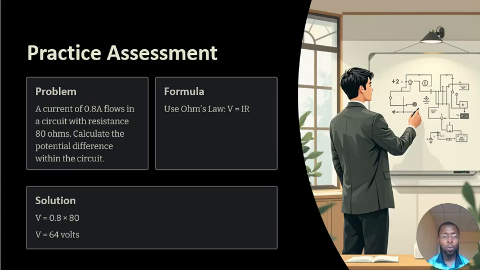Okay, so using our Ohm's law again, which is V equals IR, in the question we are given current, which is 0.8 ampere, and we are given resistance, which is 80 ohms. So we have to find V, that is the potential difference. So our solution will be V equals IR, meaning that we are multiplying I by R. So 0.8 times 80, and that will give us 64 volts.